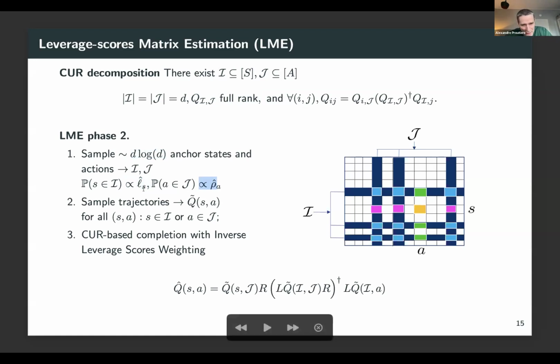And we use these leverage scores to sample trajectories starting from the corresponding state-action pairs. After that, we estimate the submatrix of Q in a much more precise way on the rows I and the columns J. And from this much more precise estimator, we can reconstruct the entire matrix using the CUR decomposition.